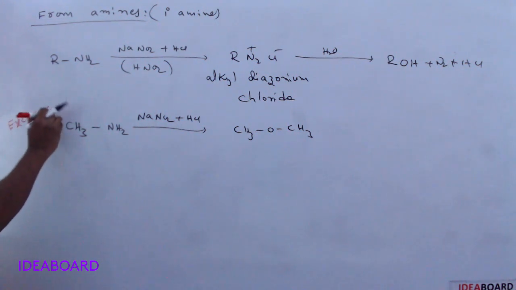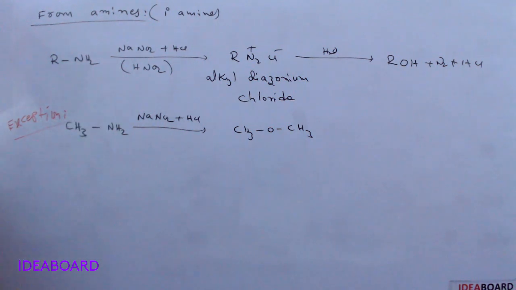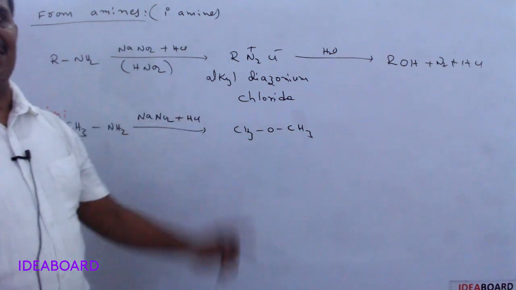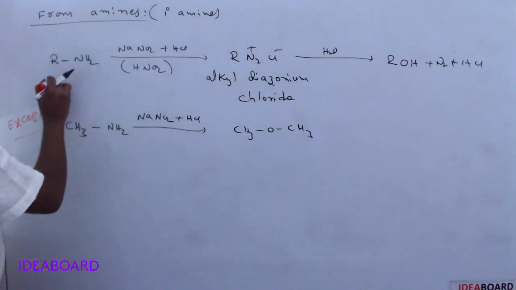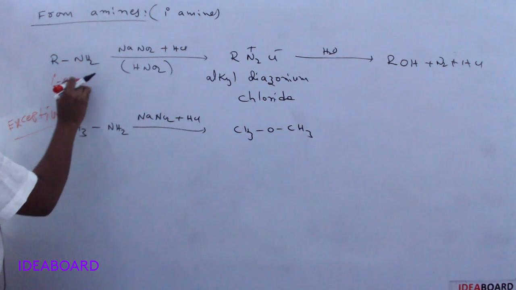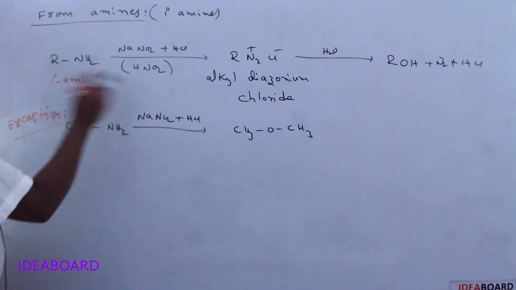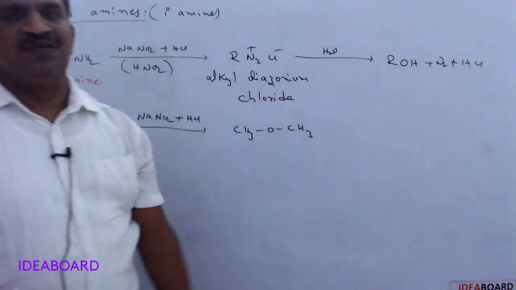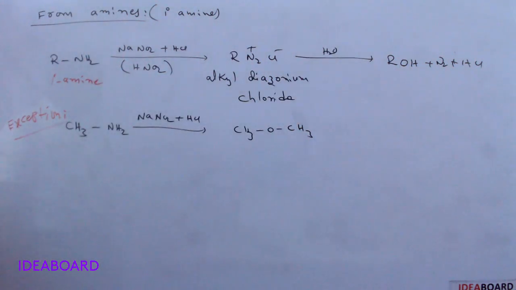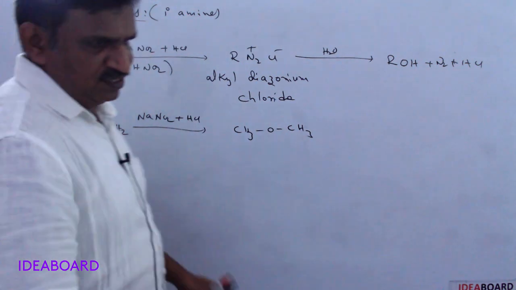Please remember only methylamine if you are taking, we will get dimethyl ether. If you are taking any other primary amines, then by the diazotization process first they form diazonium salts, followed by hydrolysis to give alcohols. Okay, these are the alcohol preparation methods.